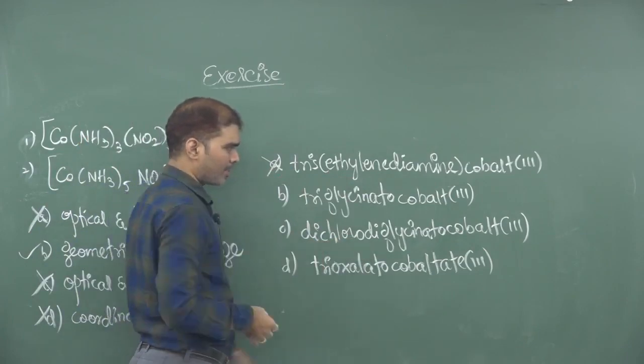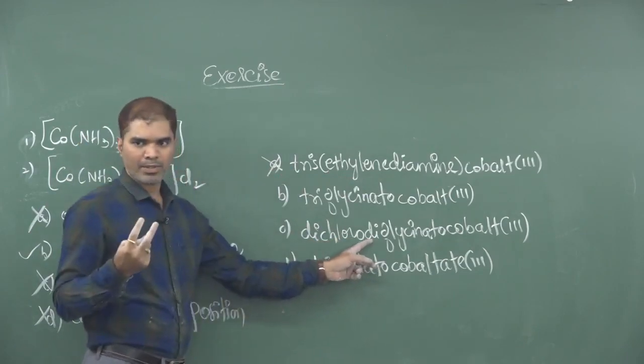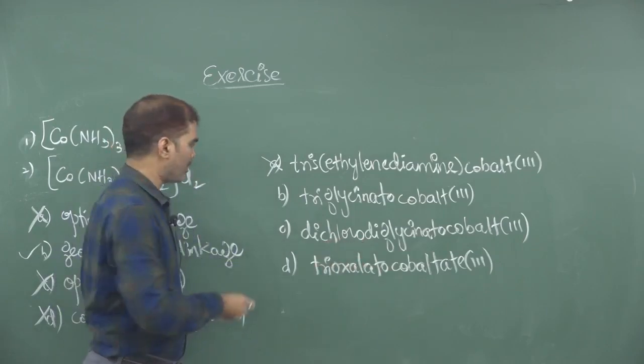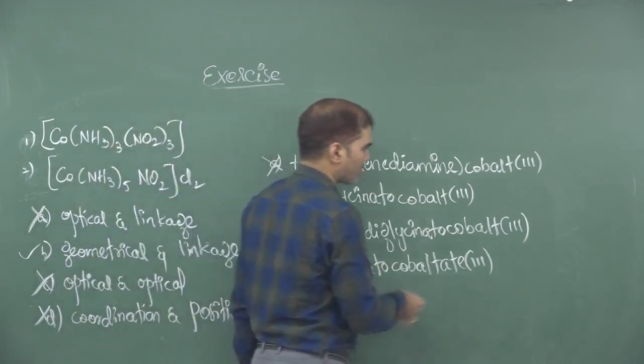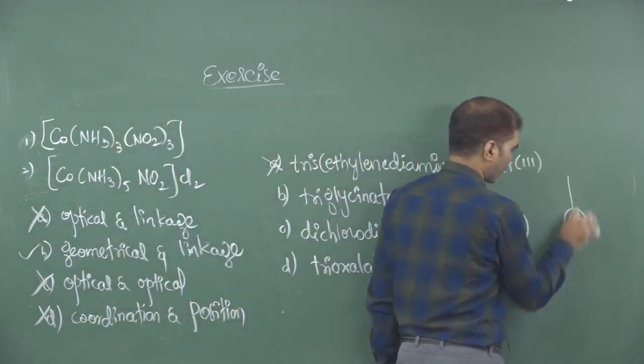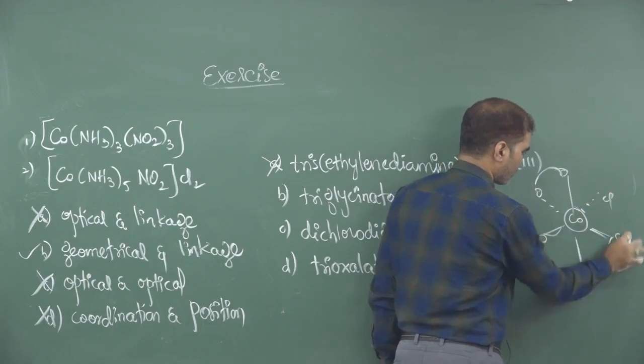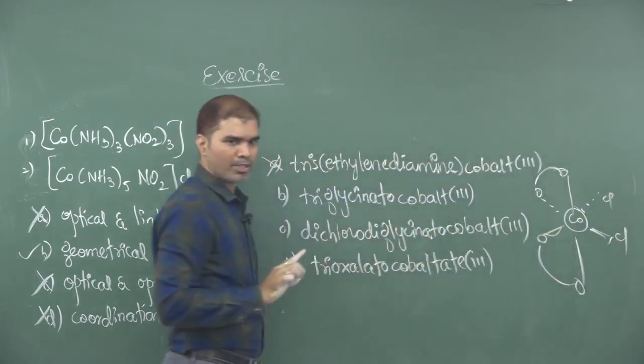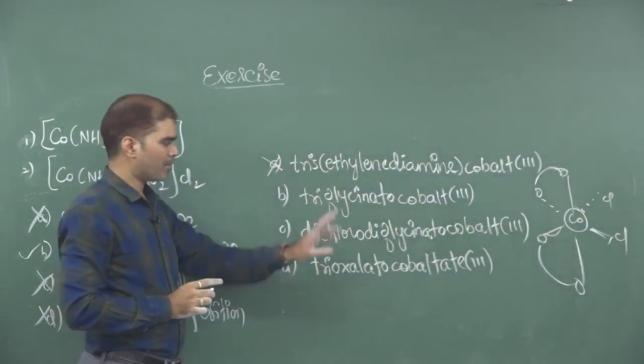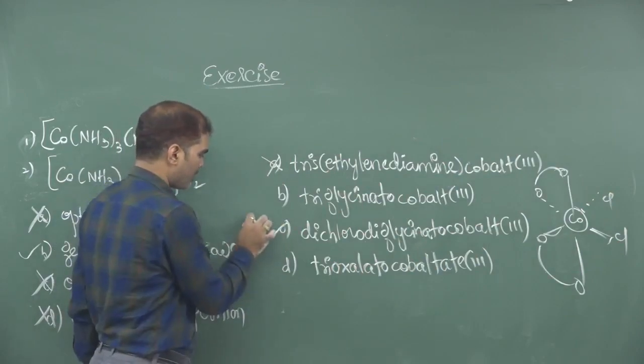Dichloro diglycinato, it is only diglycinato and dichloro. So dichloro means how many chelating rings? It can show cis and trans. This is diglycinato. But facial and meridional is not possible for it. Cis and trans are possible for it.